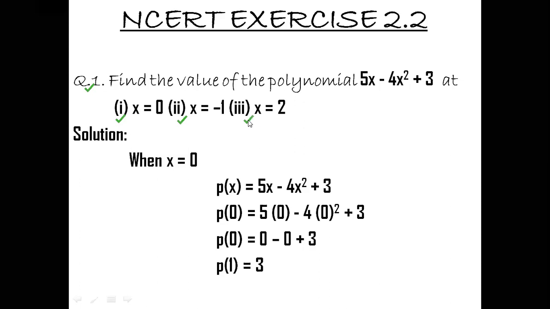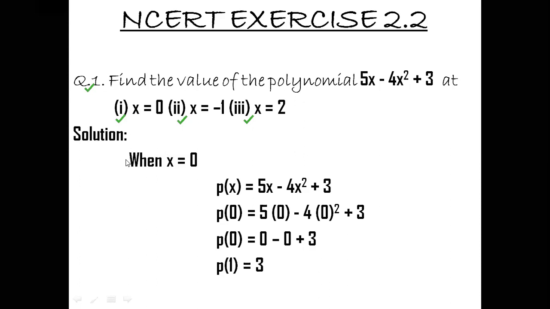So what have we been asked to do? That we have to find the value of the polynomial, that is 5x minus 4x squared plus 3 for 3 values: when x is equal to 0, when x is equal to minus 1, and when x is equal to 2. So all that we have to do is we have to replace the value of x by 0, and then by minus 1 and then by 2 and find the value of the polynomial.